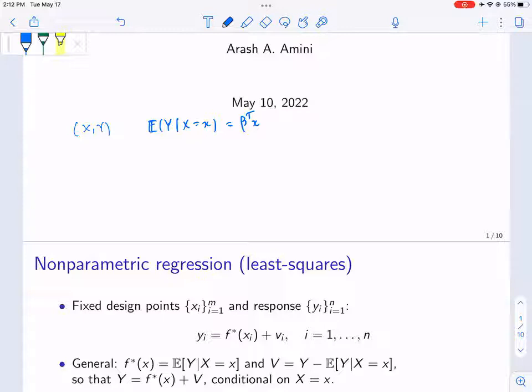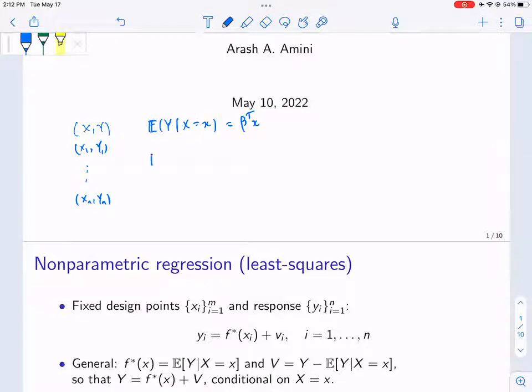If the dimension of x is very large relative to the sample size, where the samples that we get are x1, y1 up to xn, yn. But we had ideas how to get around the high dimensionality by assuming that beta is sparse, for example, that just some of the features are active.